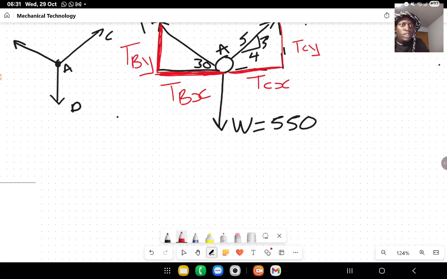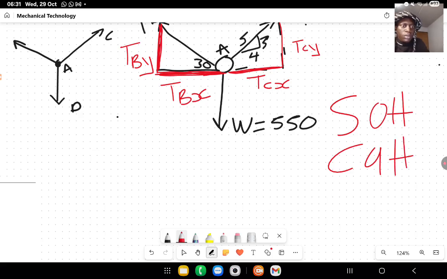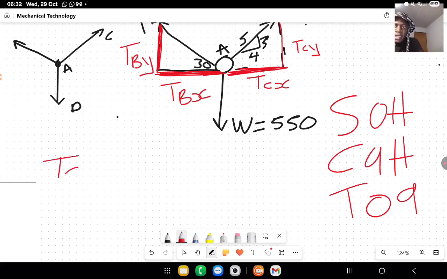We are going to use SOH CAH TOA, these trig ratios. Coming on the angle of the force TC, we want TCX.